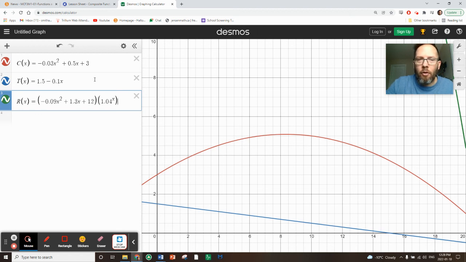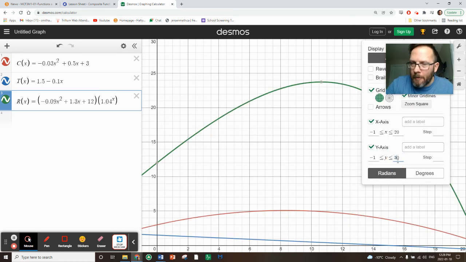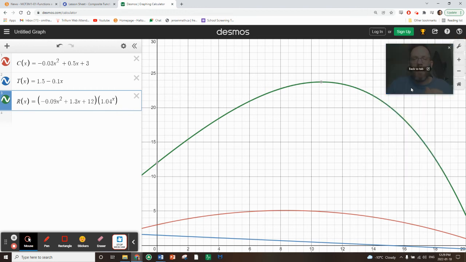Now I am going to have to zoom out a little bit here to get everything in. I like the x scale, but for the y scale, just doing some mental math, 3 and 2, our y scale, let's go up to like maybe 30 or so. Okay, yeah, that worked pretty good. Actually, it gets everything else in there pretty good too. So we can see the revenue function.